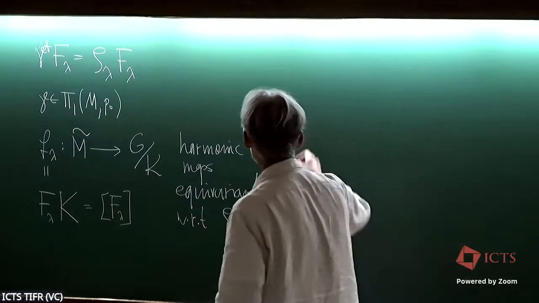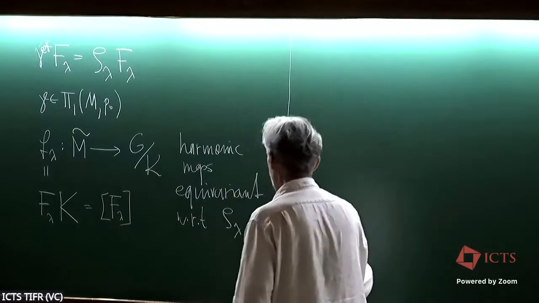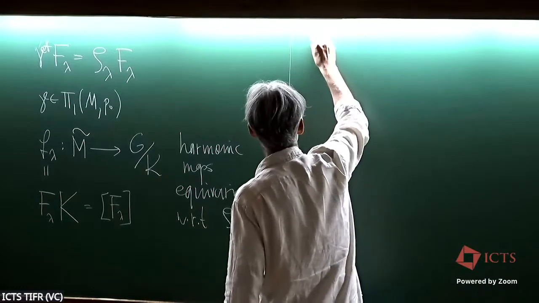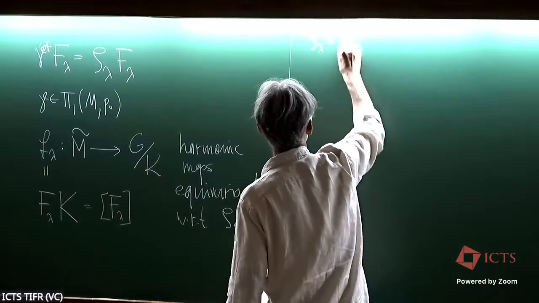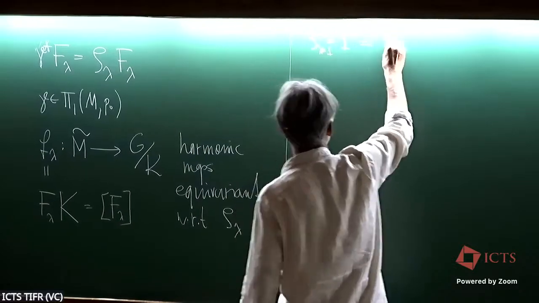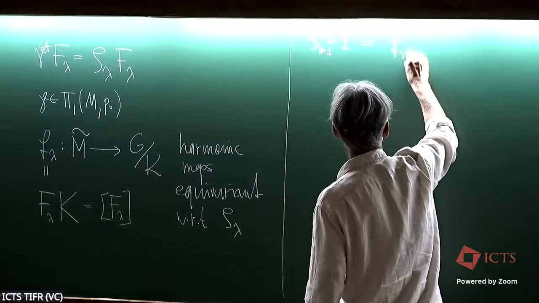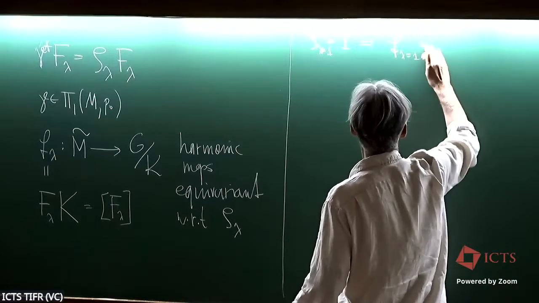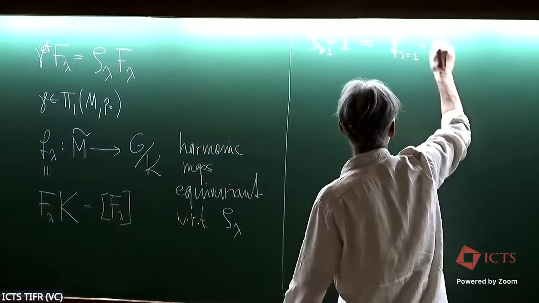So if rho at lambda equals 1 is trivial, that means that I have really F at lambda equals 1, which is, of course, a map that goes down to the Riemann surface.